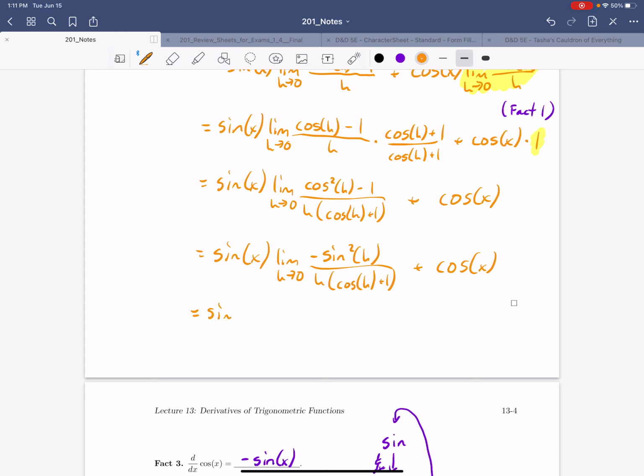But maybe if we use some limit laws and split this up into sine of h over h. Hopefully that looks familiar. And then here we have negative sine of h over this stuff.